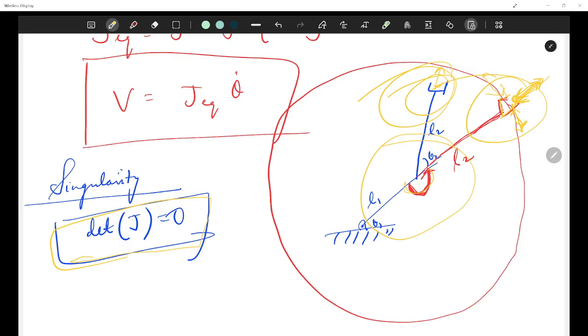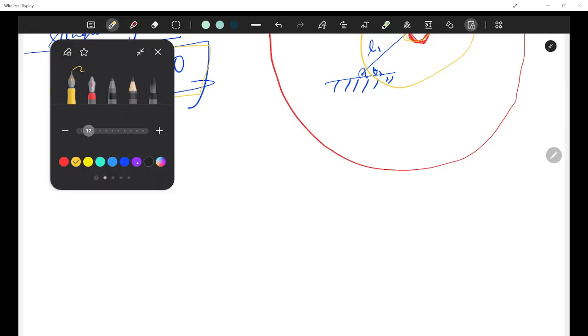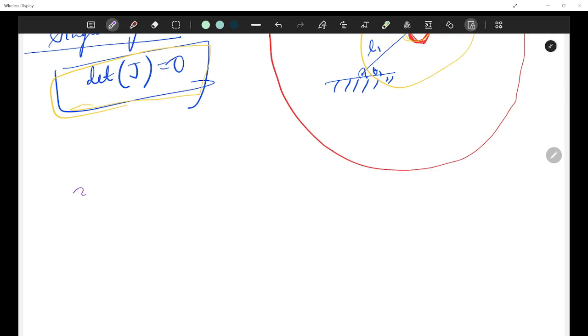Now if we talk about it geometrically, meaning via velocity ellipse.